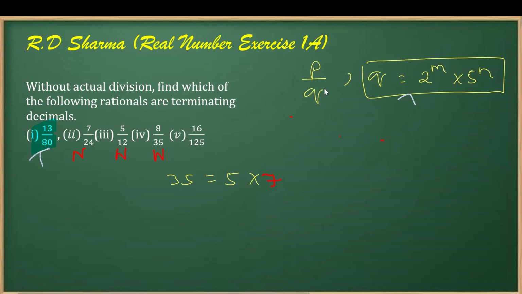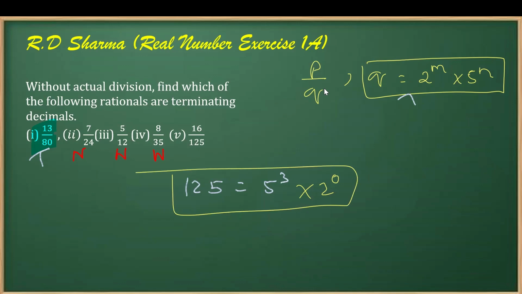Next, it is 16 over 125, the last one. If I do the prime factorization of 125, it's 5 raised to the power 3, right? So it will be terminating. Now you may say there is no 2. So we consider 2 raised to the power 0 as well.